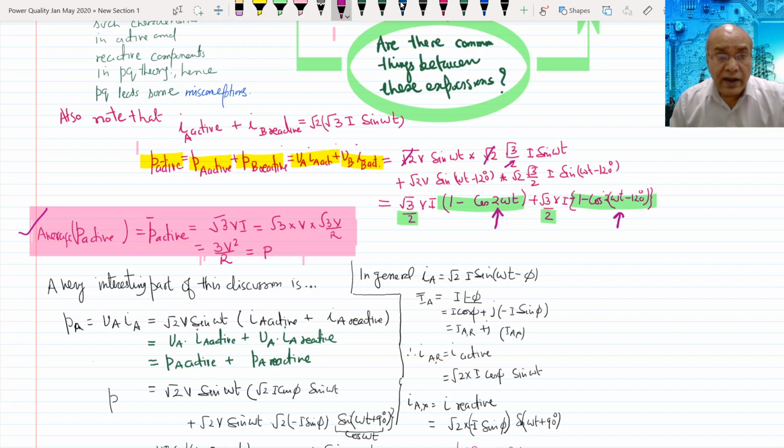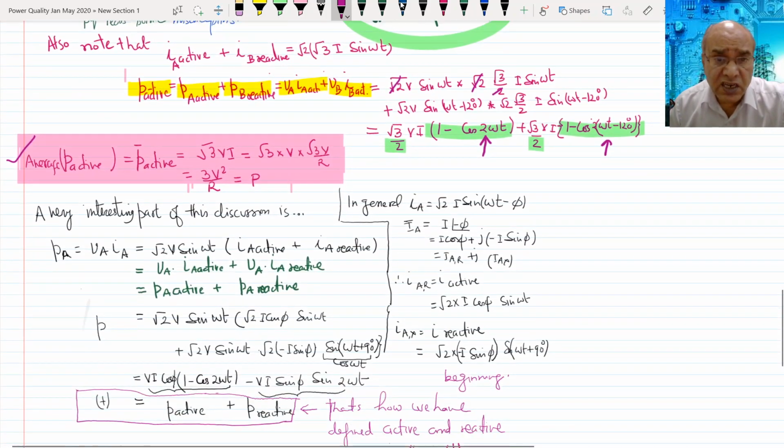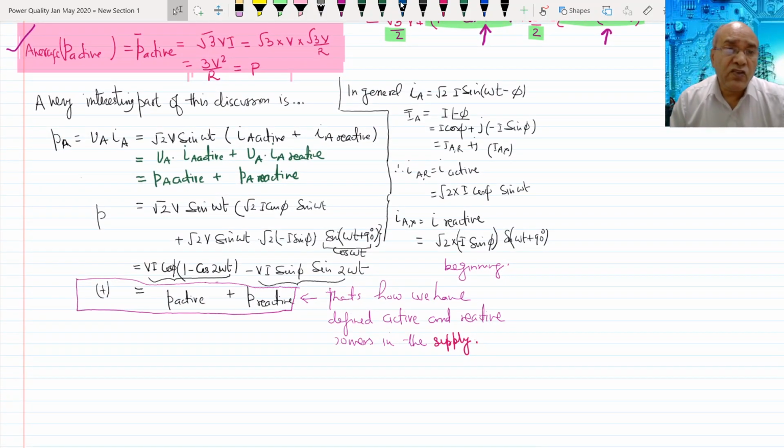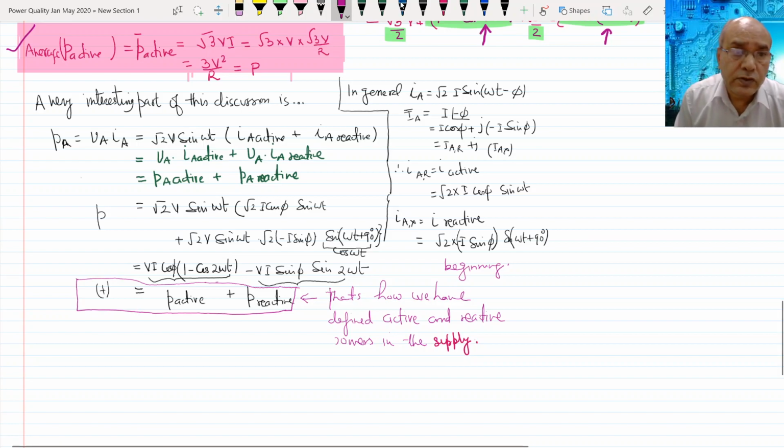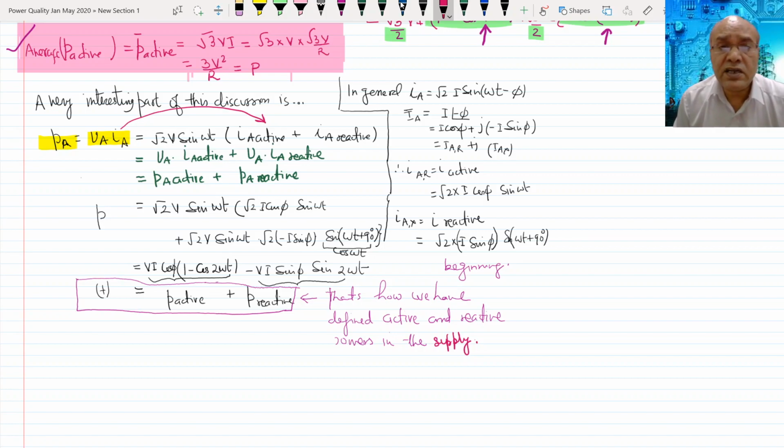And the most interesting part of this study is that if we find out the A phase instantaneous power here, which is nothing but VA into IA, now I can write this as VA into IA active plus IA reactive, because IA has two parts, IA active and IA reactive.